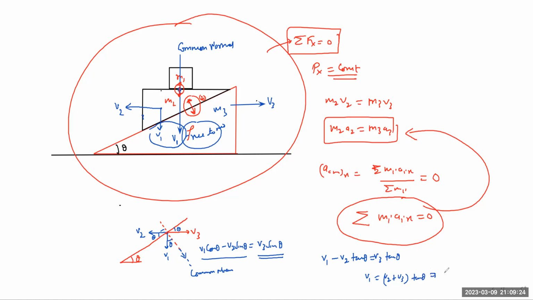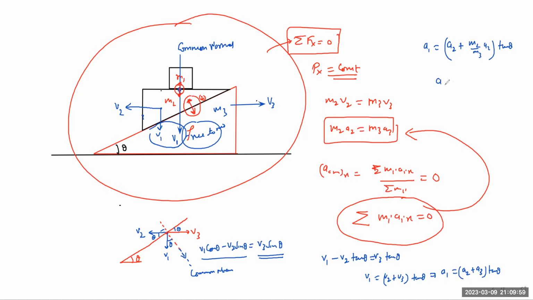So we can write A1 equals A2 plus A3 tan theta. And what else can I write? A1 equals A2 plus A3, which we can write as M2 by M3.